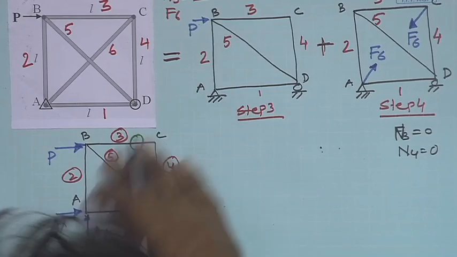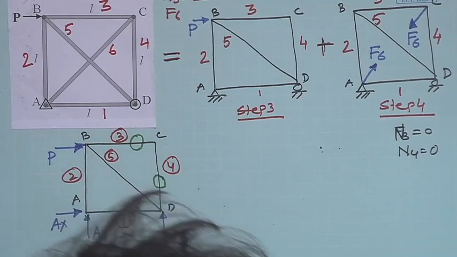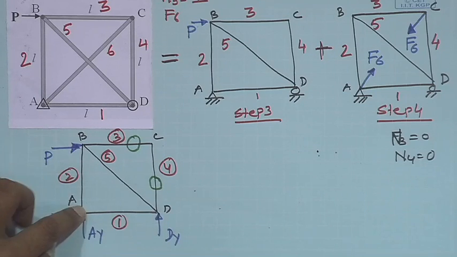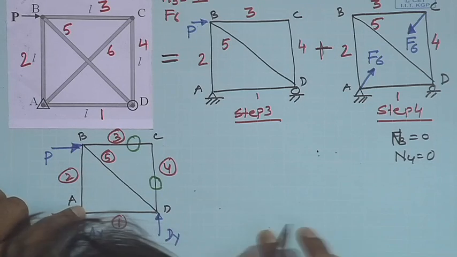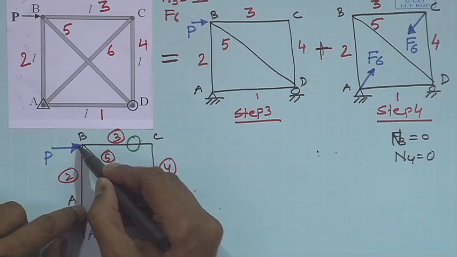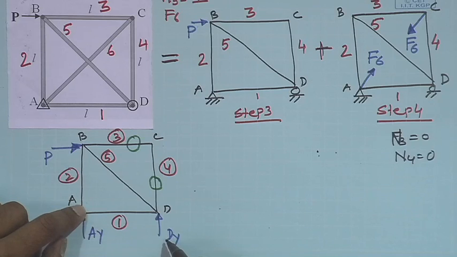Now, we need to find the forces in the other members as well. So, we take moment about this point. These two will not contribute, P will contribute, and then Dy will contribute.